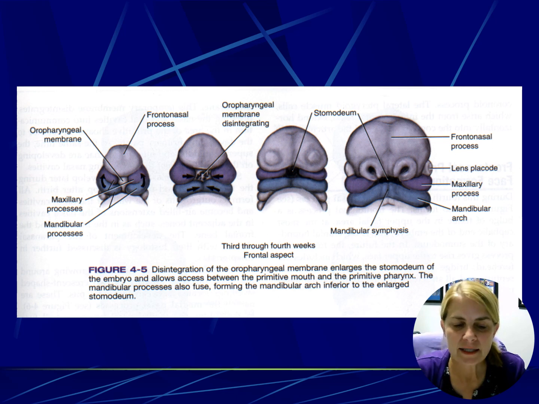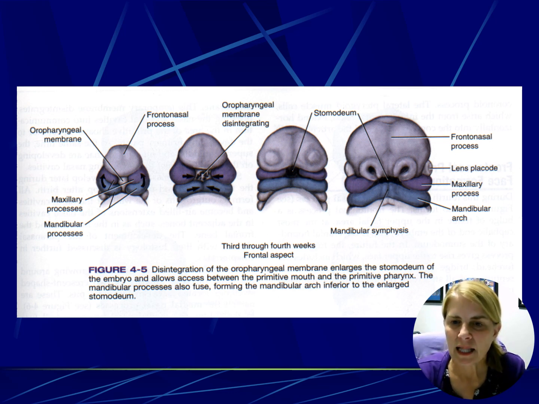At 4 weeks, the disintegration of the oropharyngeal membrane enlarges the stomodeum and allows access between the primitive mouth and the pharynx. The frontal process enlarges, helping to form the nasal region. The mandibular process gives rise to the maxillary process, then fuses together at the mandibular symphysis, forming the mandibular arch inferior to the enlarged stomodeum.